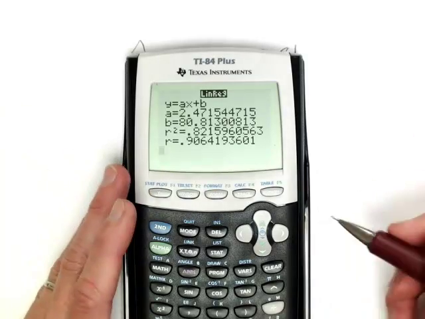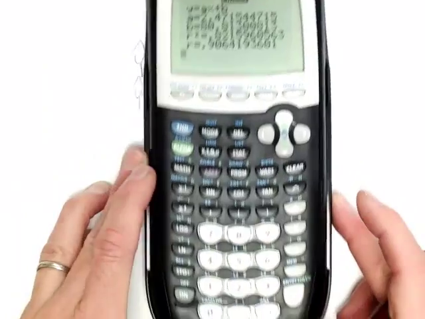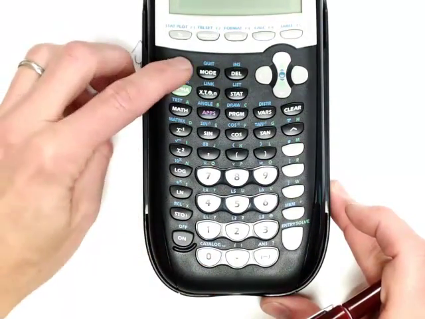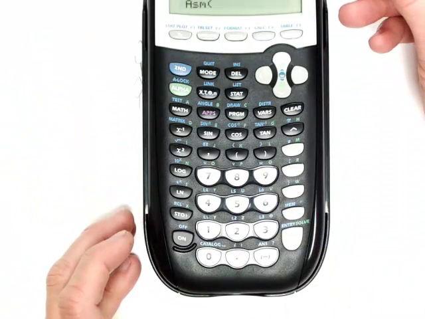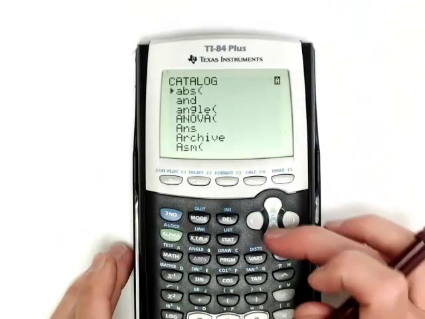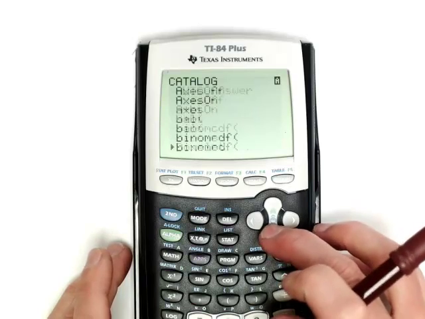Now, if your calculator did not give you R directly, and you only need to do this one time, go to Catalog, which is right above your 0 key. So I'm going to press second 0, and you'll see a list of all the functions available on the calculator. I want to scroll down to Diagnostic.